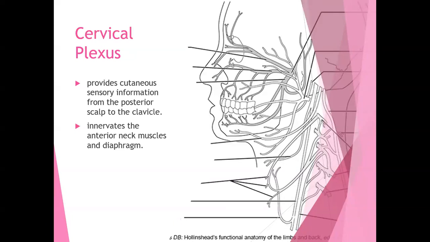Super important. The diaphragm is innervated by the phrenic nerve, whose cell bodies are in the cervical spinal cord, C4 to C5. It's the most important single branch from the cervical plexus because the phrenic nerve is the only motor supply and the main sensory nerve for the diaphragm, which controls breathing. Super important.